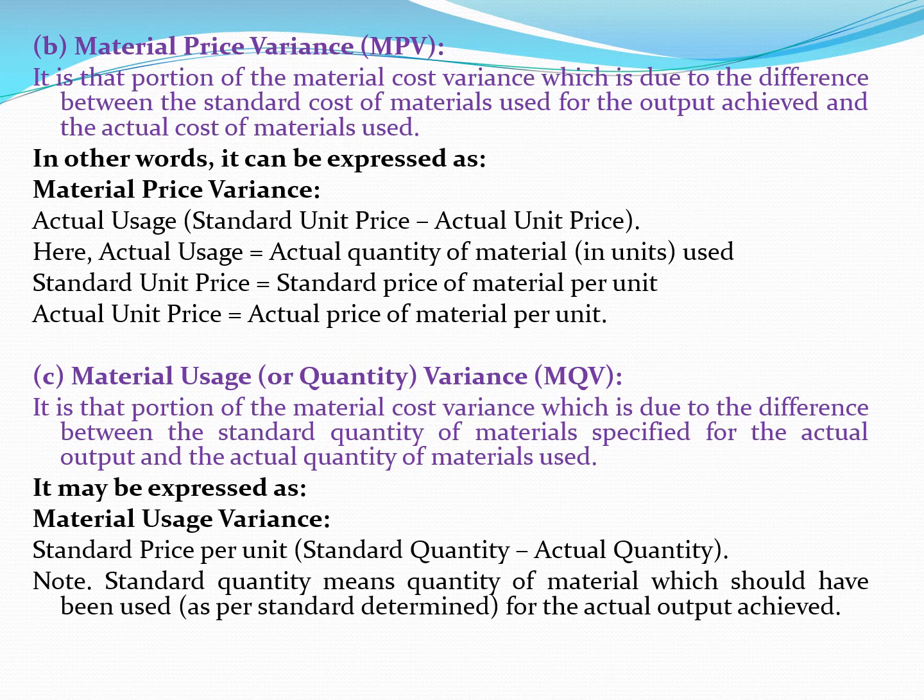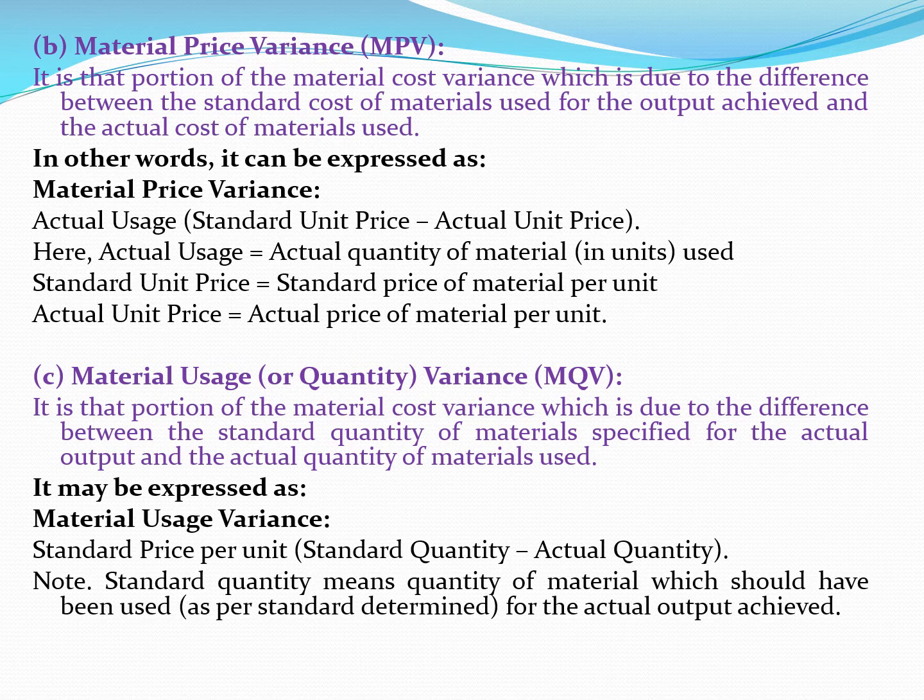Then the third one is material usage or quantity variance, MQV. It is the portion of the material cost variance which is due to the difference between the standard quantity of materials specified for the actual output and the actual quantity of materials used.